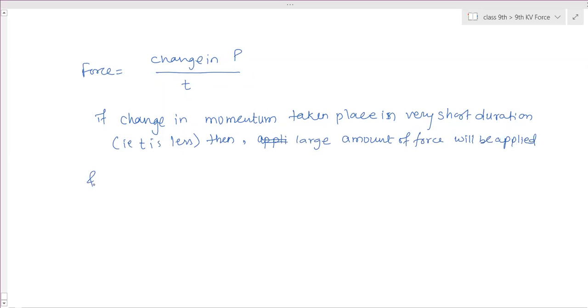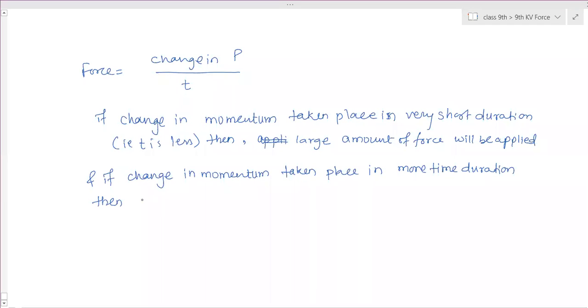And vice versa. If the same change in momentum takes place in more time duration, then applied force will be less.